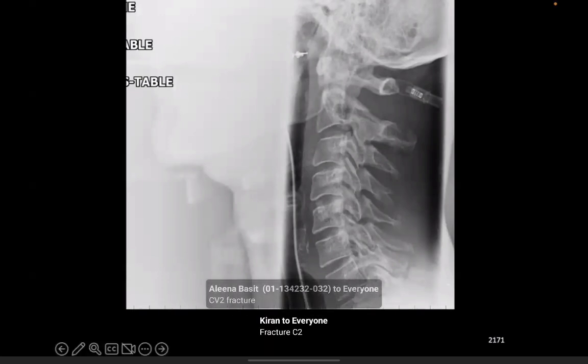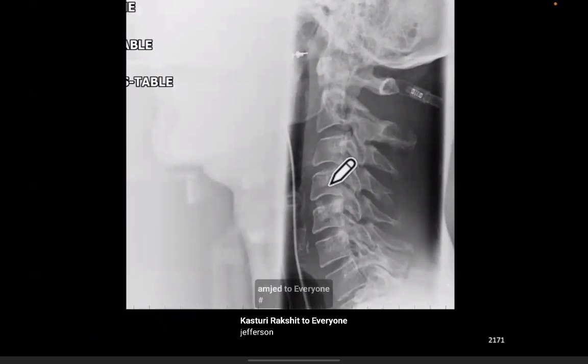Yeah, so we've got a fracture of C2 just there. So fracture of C2 just there. So there's a slight increase in soft tissue. Not much, but slight, but there's the fracture just there.